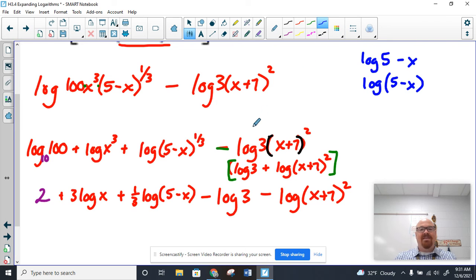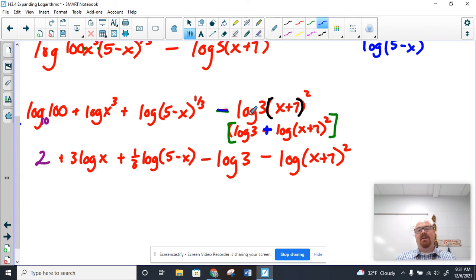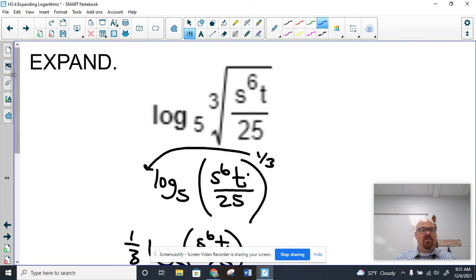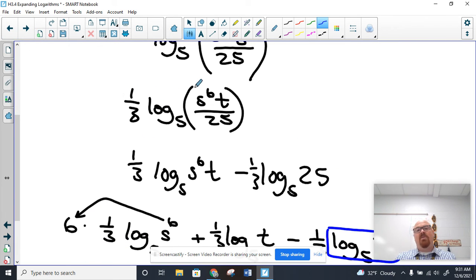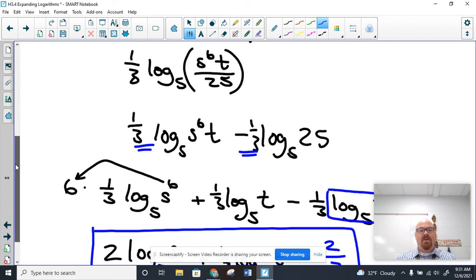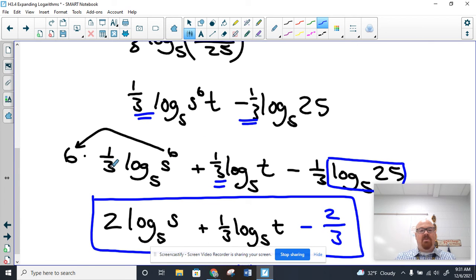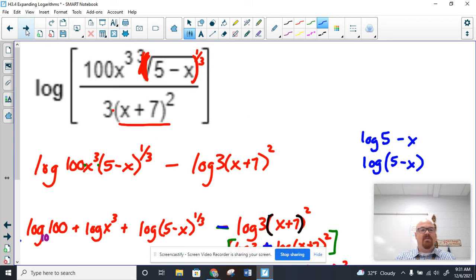So really, this logarithm does become a sum, but both of these terms become negative because that first logarithm was being subtracted. Okay, so hopefully that makes sense. When we're expanding a log that's being subtracted, we have to subtract all of them. And we saw that with this example, where the 1/3 was being applied to this logarithm, so all of its offspring get that 1/3. Both of these got that, and when I expanded this, they both got the 1/3 as well.